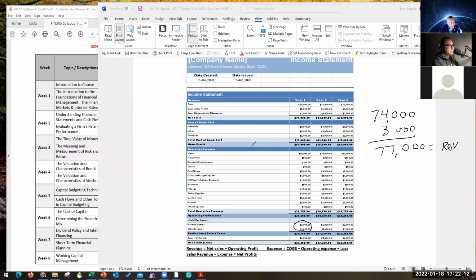Now, expenses is cost of goods sold, 19,000, plus operating expenses, which looks like 30,750, plus losses, tax expenses, 4,000.